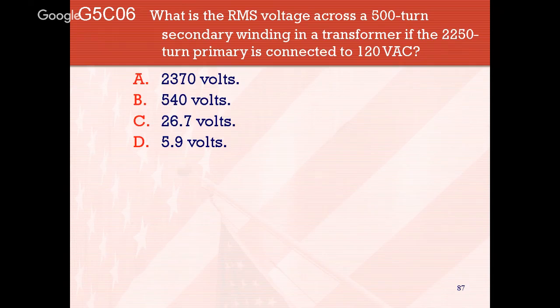It's therefore a step down transformer. You apply 120 volts AC to it, and you can go through all the calculation if you want to, but just memorize 26.7 volts for crying out loud. That's all you've got to do.